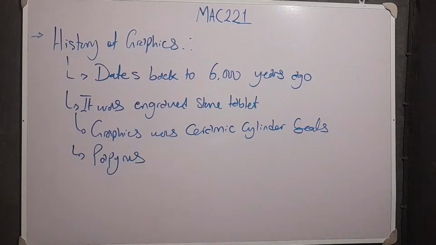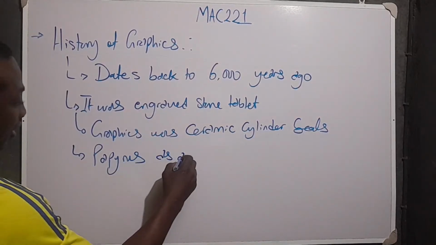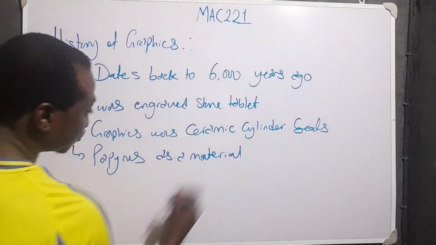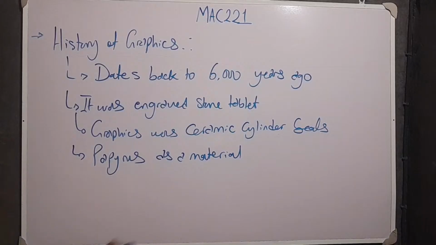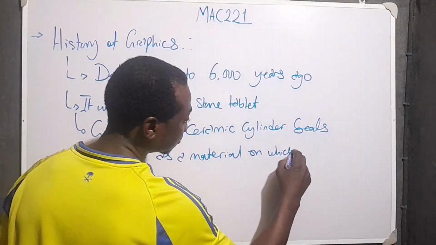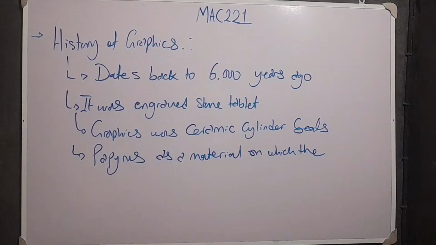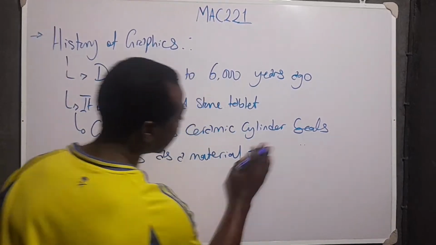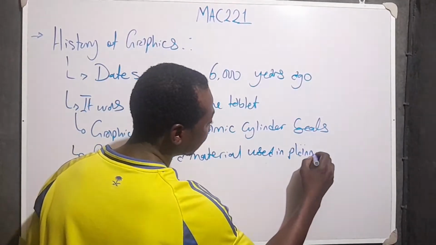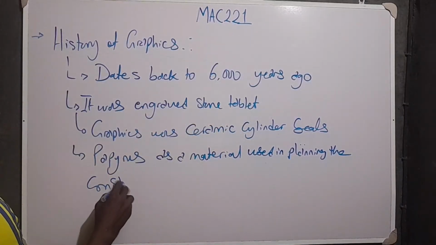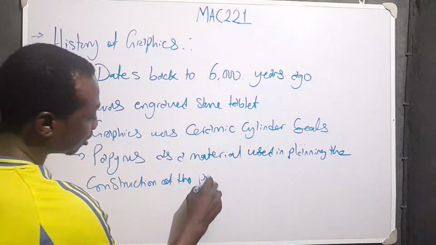Papyrus was used by the Egyptians as a material on which they planned the construction of the pyramids.